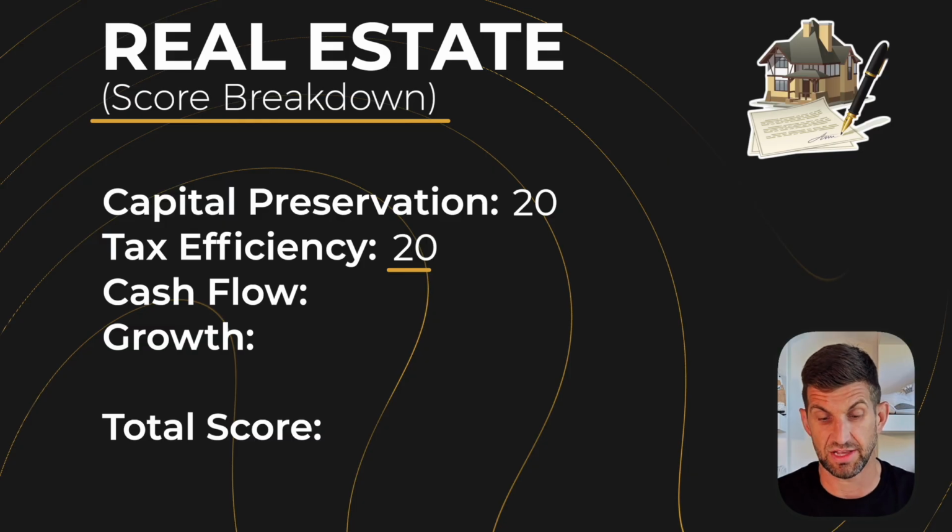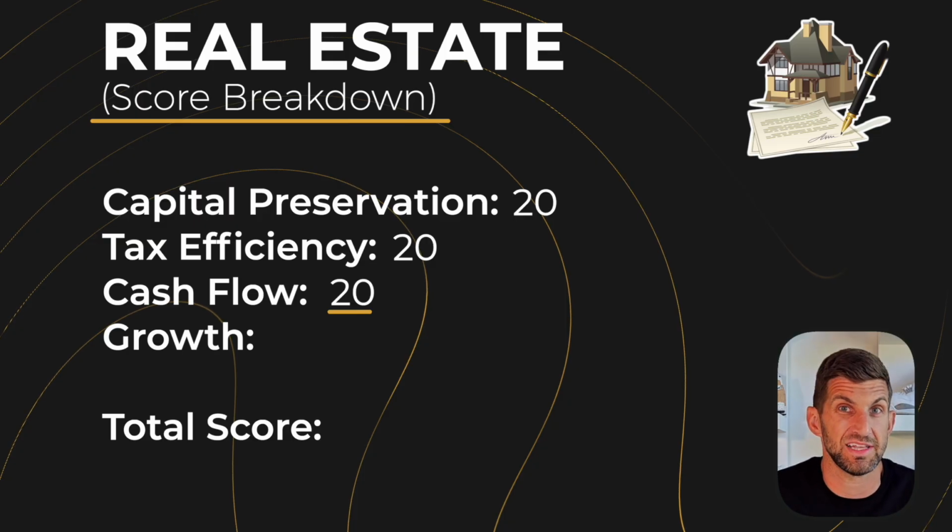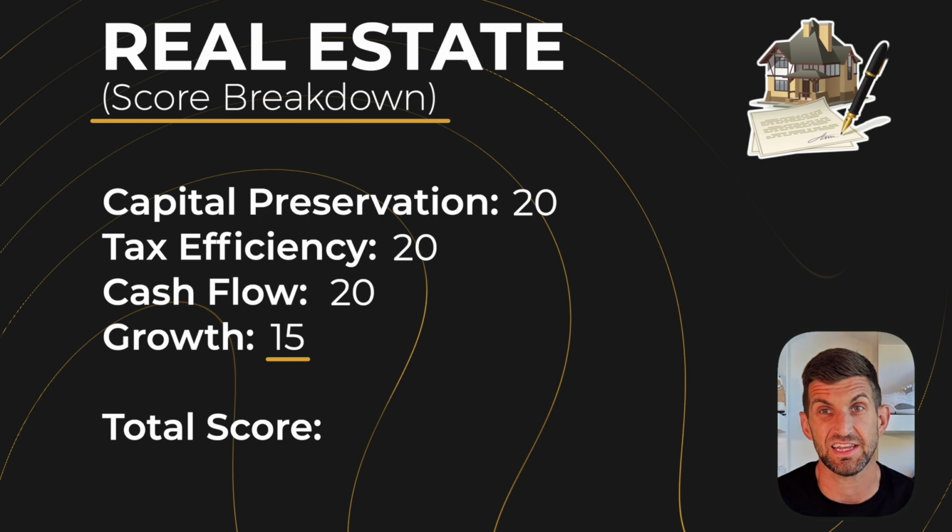Your cash flow, it's producing income for you on a monthly and annual basis. So we'll give that another score of 20. In growth, in most areas, homes appreciate in value. There are some areas where they're kind of stable in value, or there is a risk that it could go down in value overall. So maybe let's give that a score of 15, 20 for others, but we'll stick with 15.